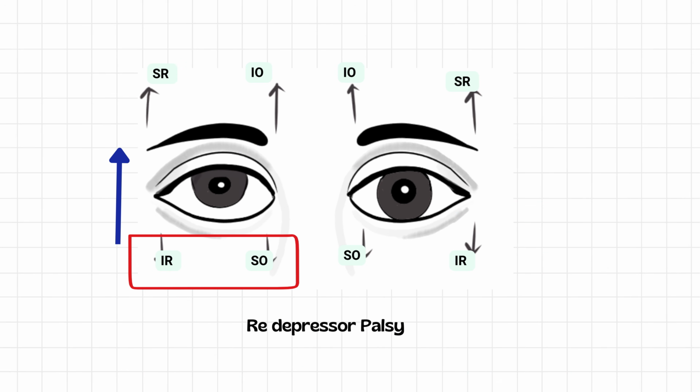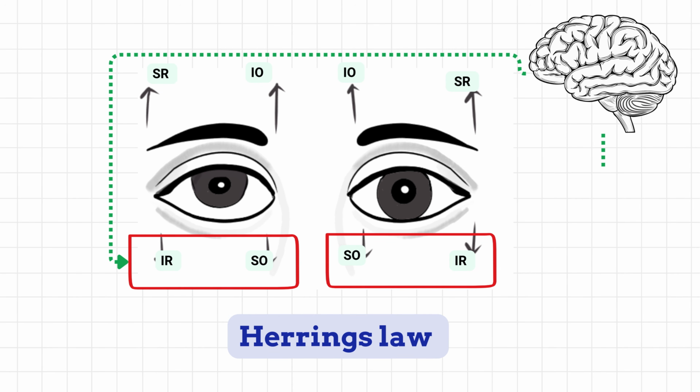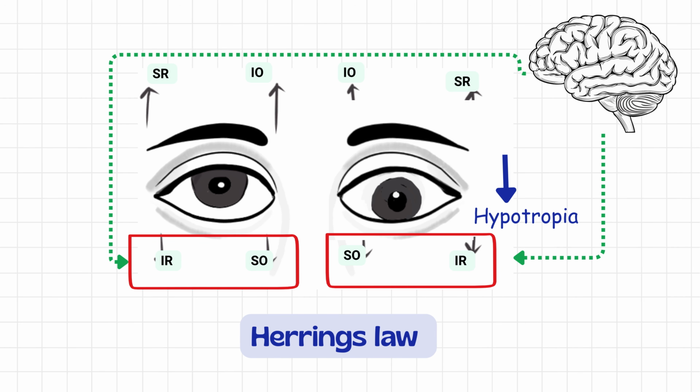To overcome this paresis or weakness of the depressors of the right eye, the brain increases innervation to the depressors of the right eye, and because of Hering's law, the yoke muscles in the opposite eye will also receive the same amount of innervation. As a result, the depressors of the left eye, which are normal, also receive extra innervation, and this causes the left eye to move downwards, leading to hypotropia. So yes, the left eye becomes hypotropic, that is downwards.